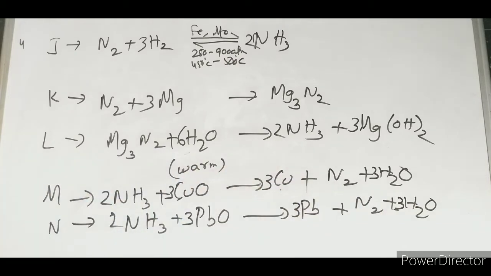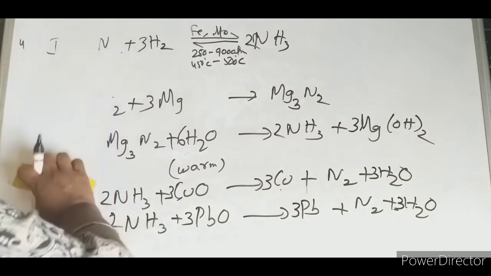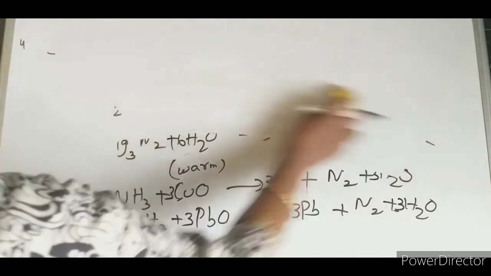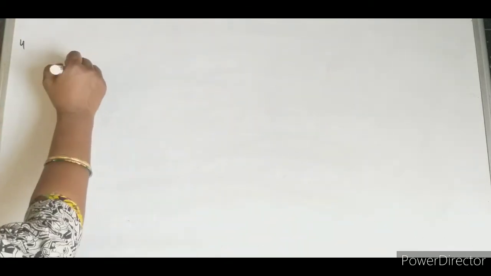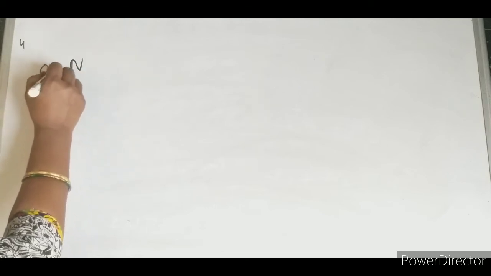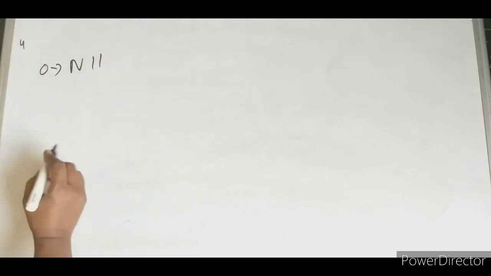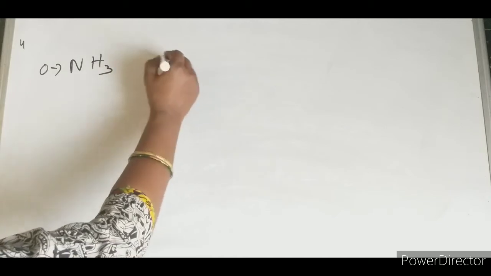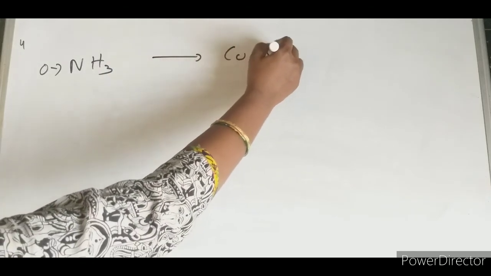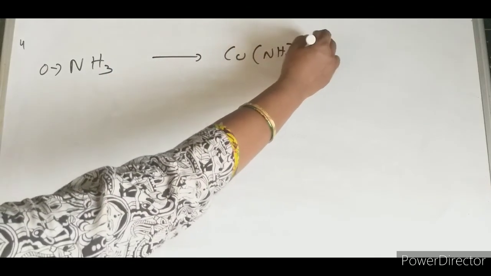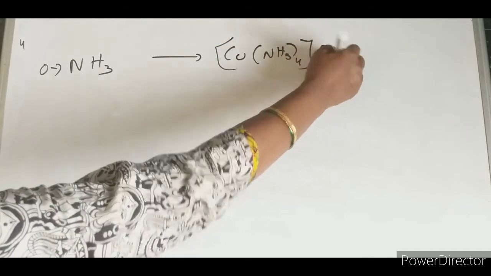Then we will go for O. O is the interesting one. Here usually this question comes for the observation also. Here it is given for O, ammonia is converted to amine copper sulfate.